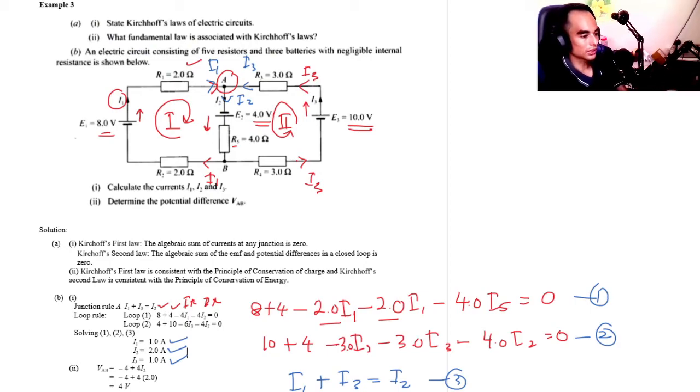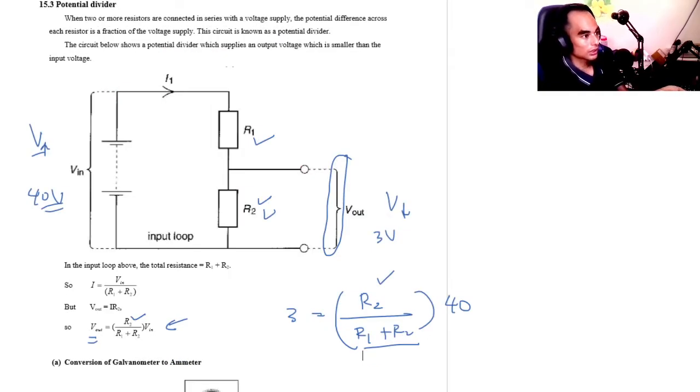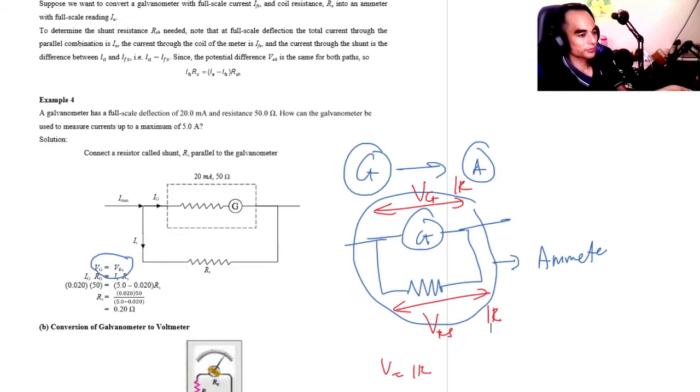Okay. Make sure you have done lots of exercises in the Kirchhoff law, and you know that sometimes the EMF of the battery will oppose the loops that you are making. Potential divider is also a favorite question in the STPM.